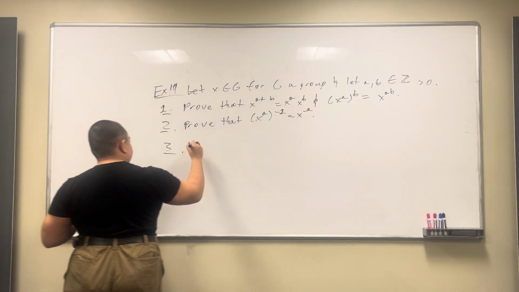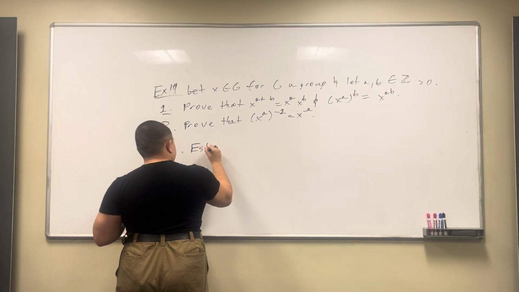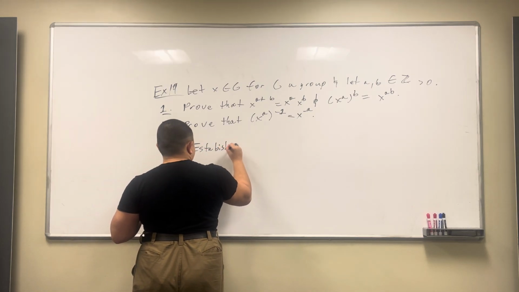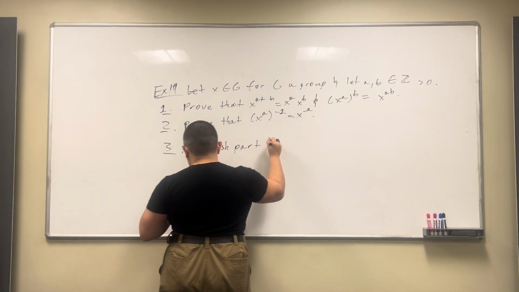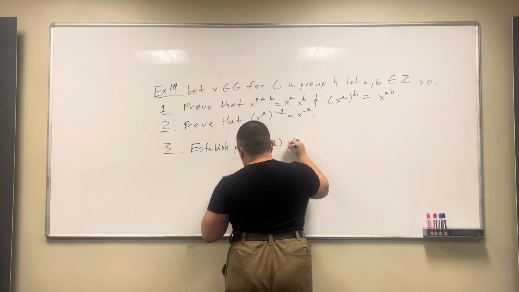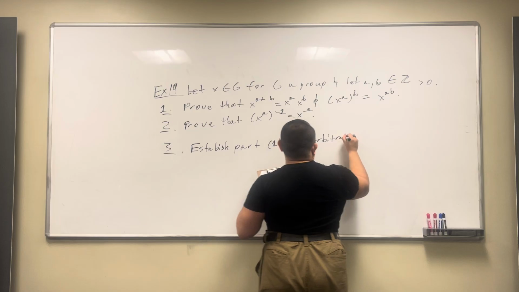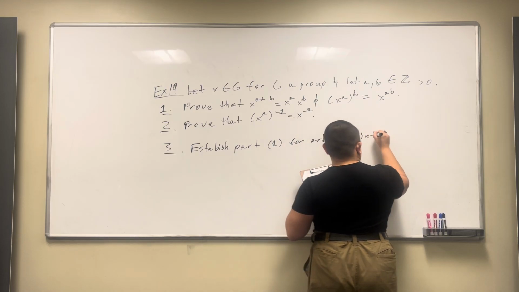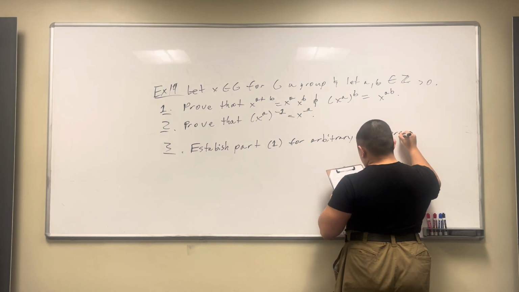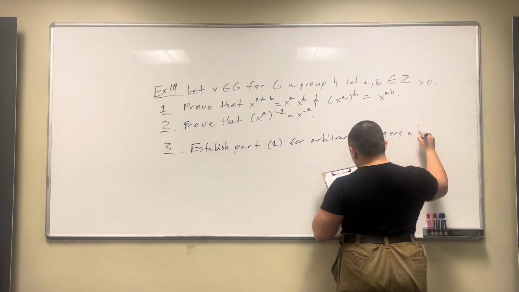Establish part 1 for arbitrary integers a and b.